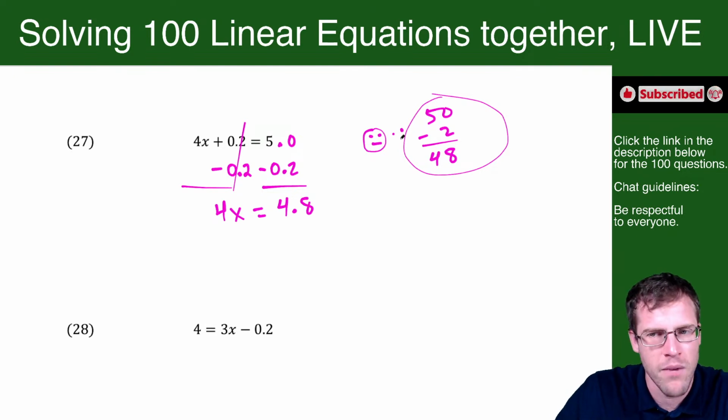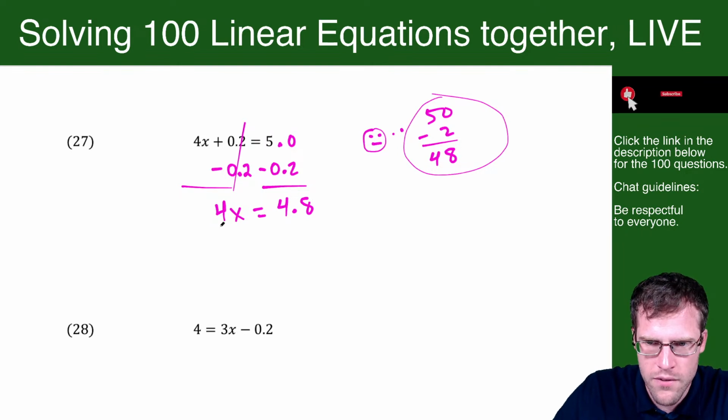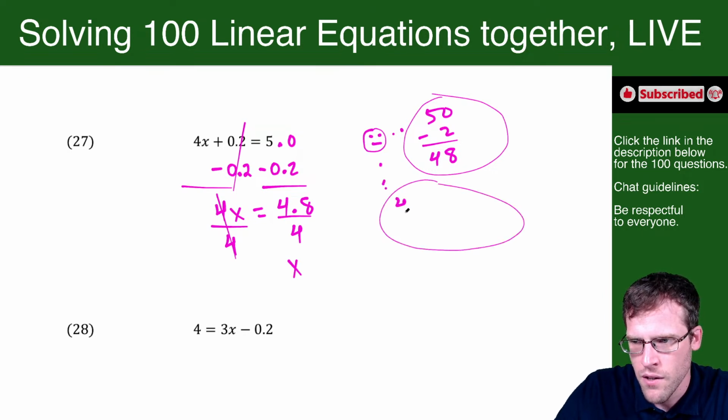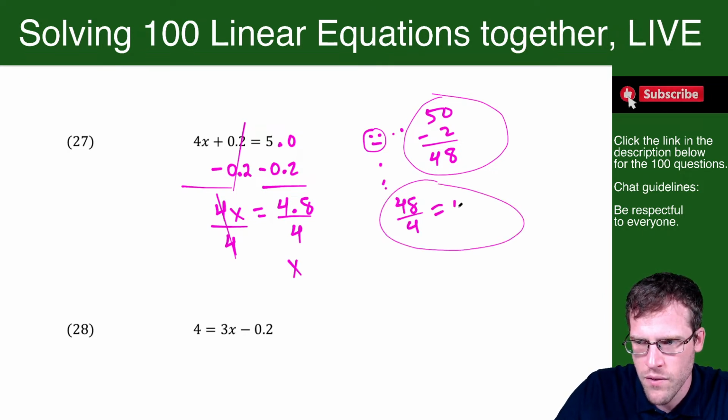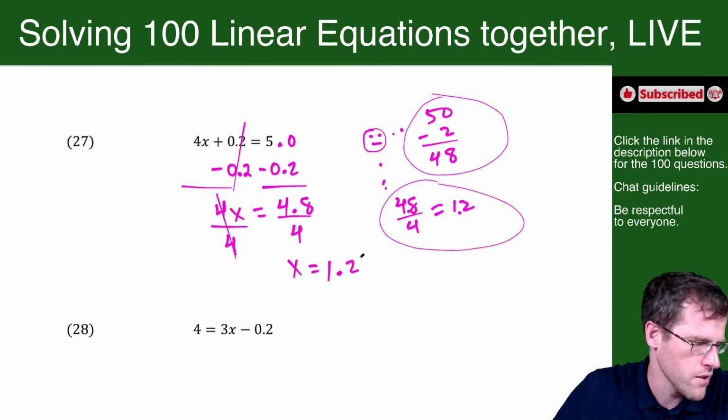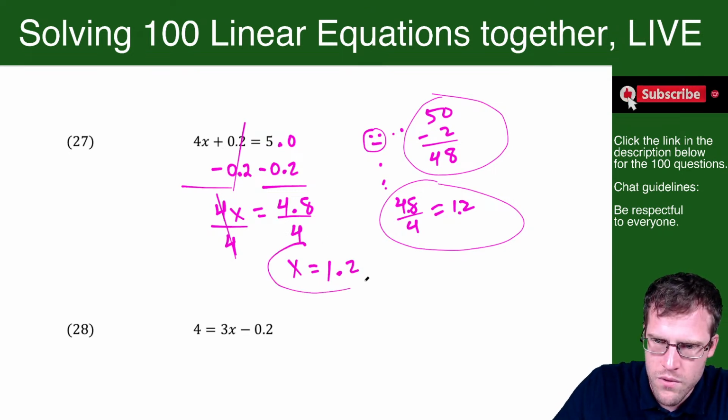It's a lot like 50 minus 2, except there are decimals involved. Now divide both sides by 4, and x equals 48 divided by 4, which is 12. If I put a decimal in the middle, then I have to put a decimal in the middle here, and it's 1.2.